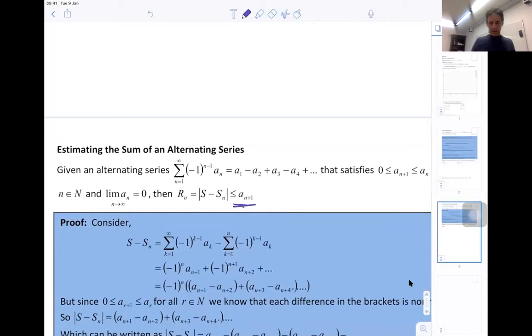So the error that we're looking at is smaller than the next term that's left out in the approximation to the alternating series when n is 7.